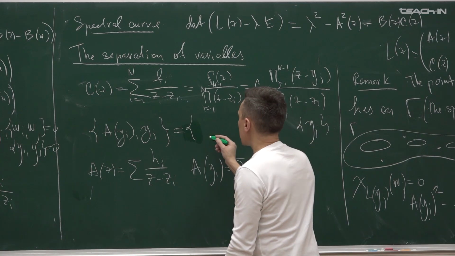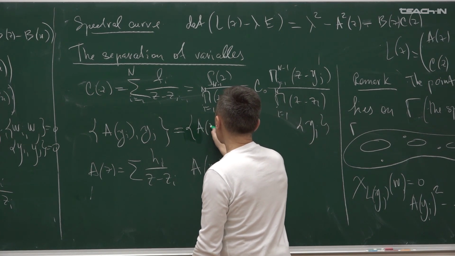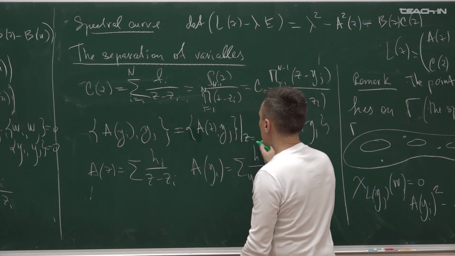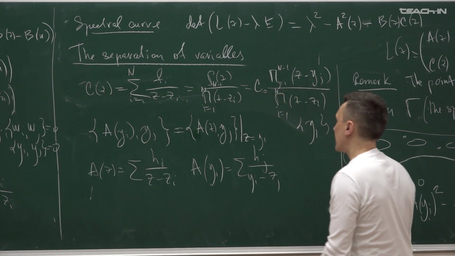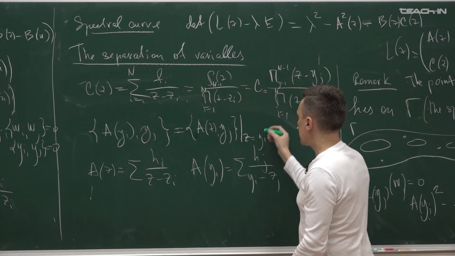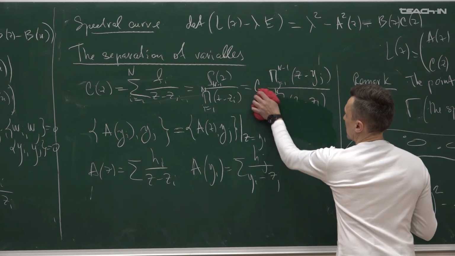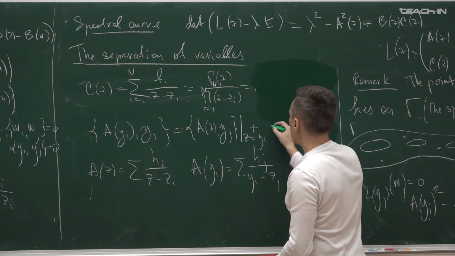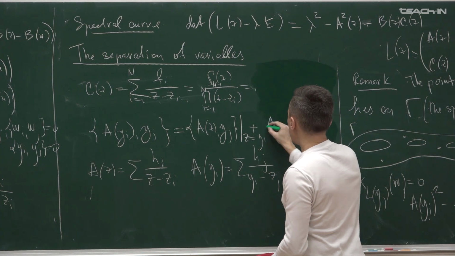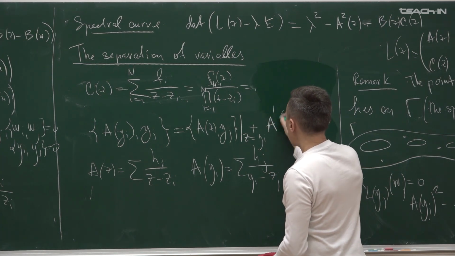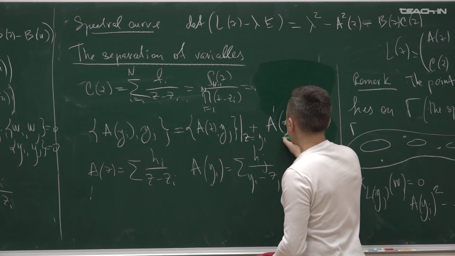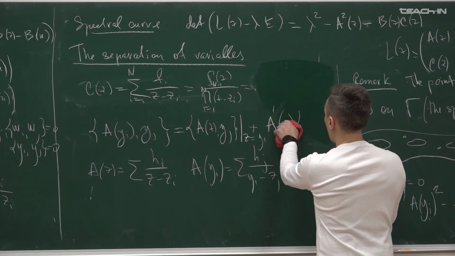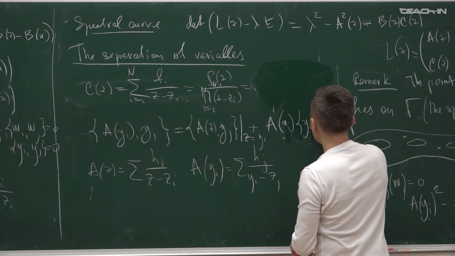So I will write it and then we will discuss it: the bracket of Z with y_j at Z equal y_i, plus A prime of y_i times the bracket of y_i with y_j.